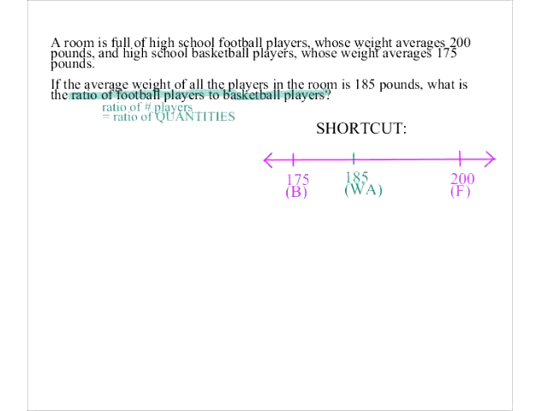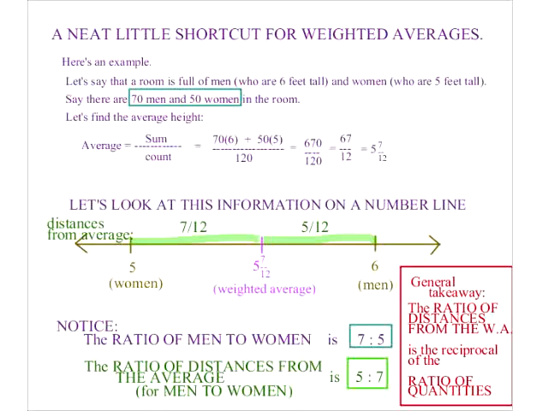So the ratio we want, number of football players to number of basketball players, is equal to, notice again, the quantity ratio is the reciprocal of whatever the ratio of these distances are on the number line, as long as you keep the quantities in the same order.